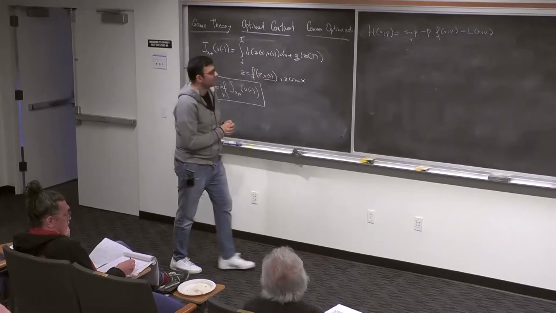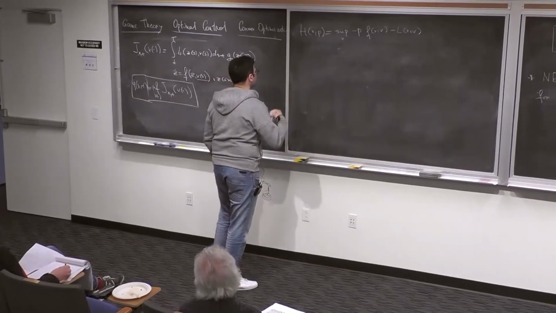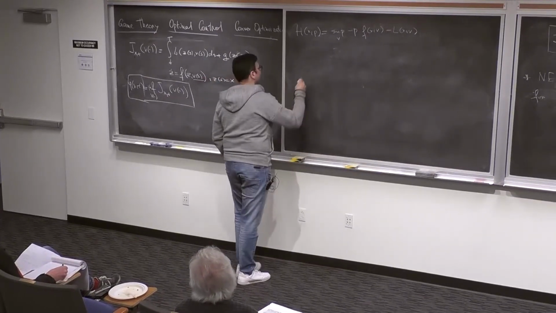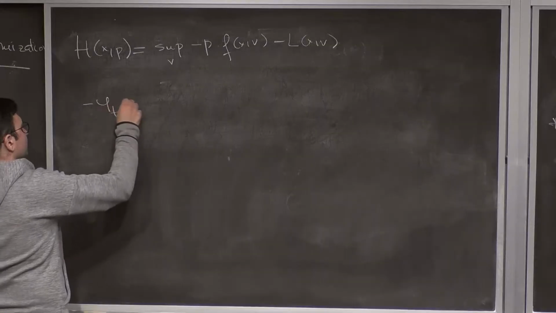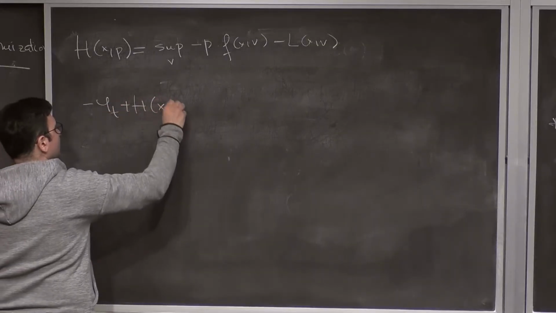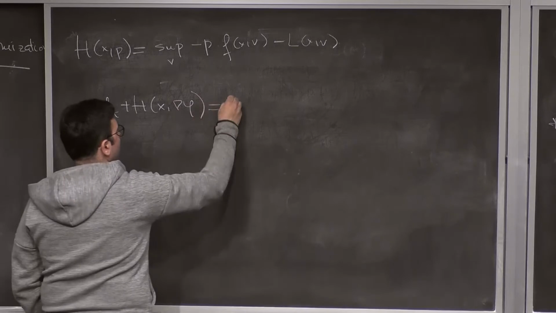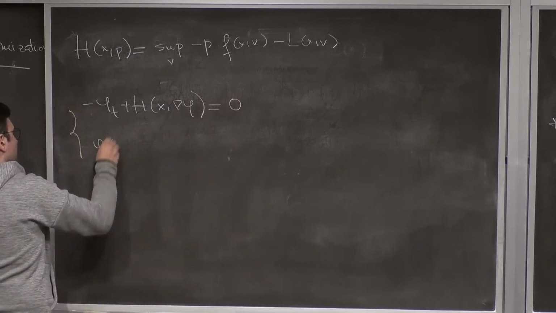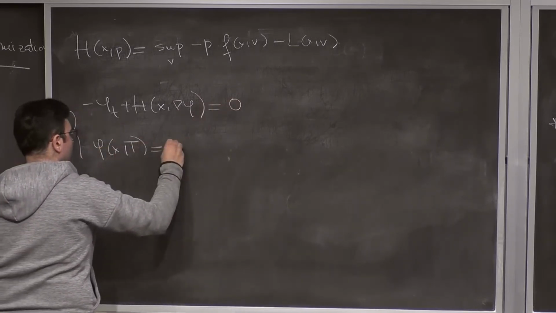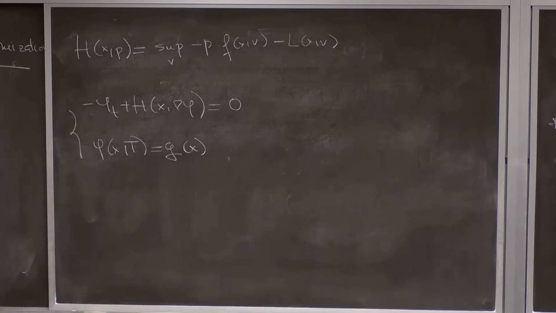And how does it do that? So first of all, it solves the Hamilton-Jacobi equation, with a terminal condition g of x, where H is defined according to that formula.